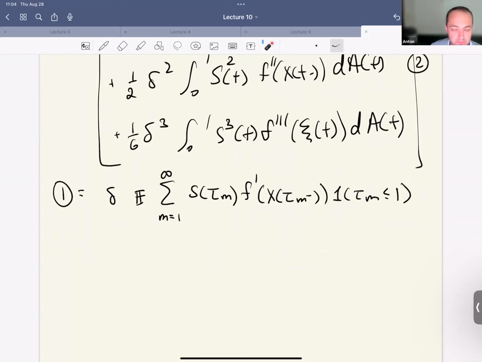And now we can make more sense of it. Again, the workload brought in at time tau m is independent of the workload before the jump. And all we have here is the indicator that the mth arrival happened before time 1. In particular, this is just saying, was the arrival quick enough to happen before time 1?